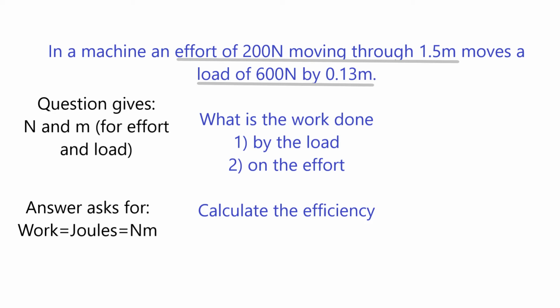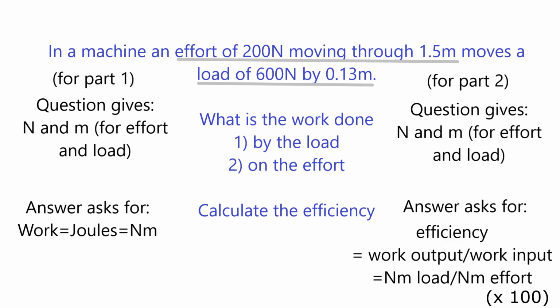And part II, the work done on the load, would be 600 by 0.13, which is 78 when I work it out on my calculator. So that's 78 joules. And the efficiency is essentially the output work over the input work multiplied by 100 to make it a percentage.